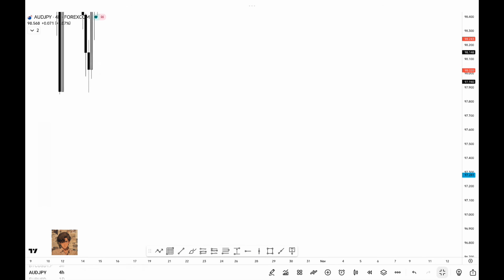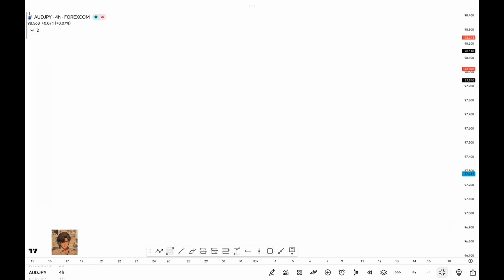Take a look at what we are looking at here. This is a framework of what you are to expect in every scenario. Let's say you are looking at the daily scale CRT, or let's say you are looking at a CRT on a breakout block model. So what do I mean? Take a look at this. Let's say we have a series of movement to the upside like this, right?